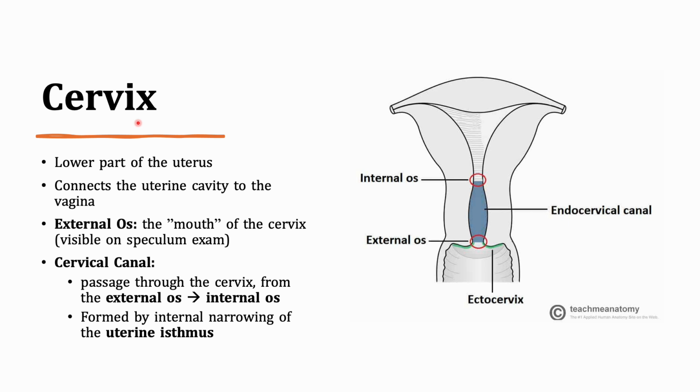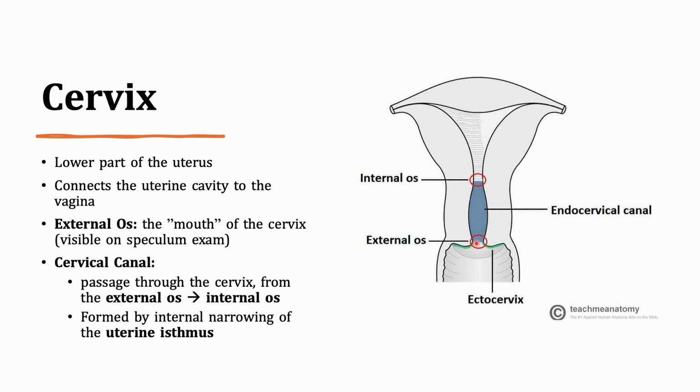Okay, now we're going to move on to the lower portion of the uterus, which is the cervix. So the cervix connects the intrauterine cavity to the vagina. So intrauterine cavity, down here is the vagina, and this is going to be the cervix. We have what's called the external os of the cervix, which is the quote-unquote mouth of the cervix.